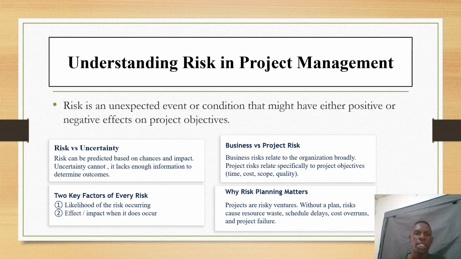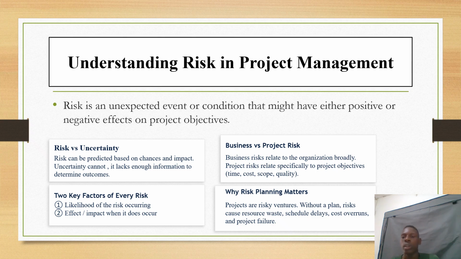So we shall go to the next slide, which is now diving into risk management. First of all, a risk is an unexpected event or condition that might have either positive or negative effects on project objectives.